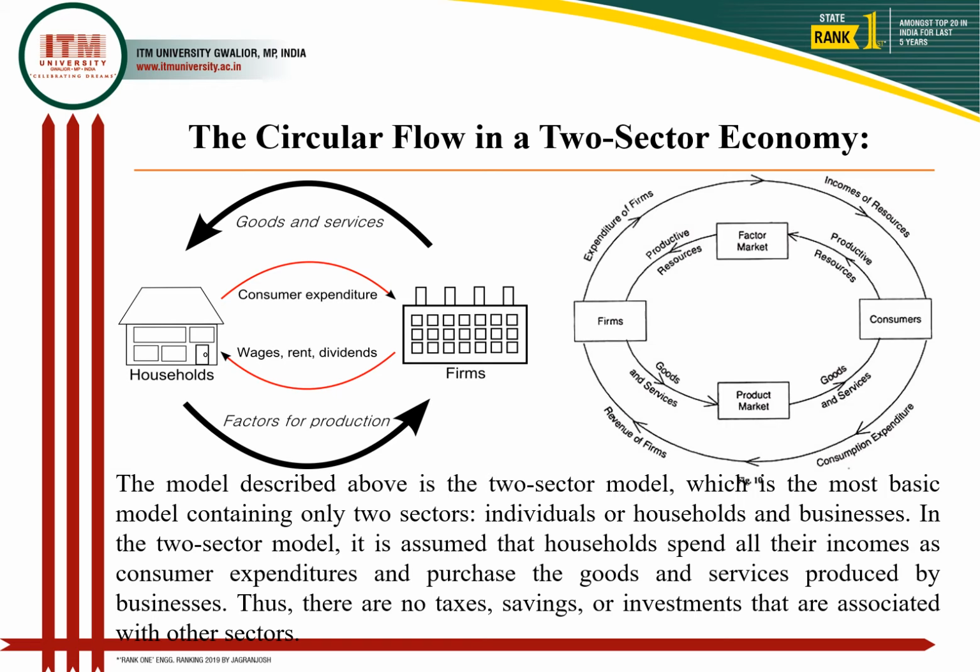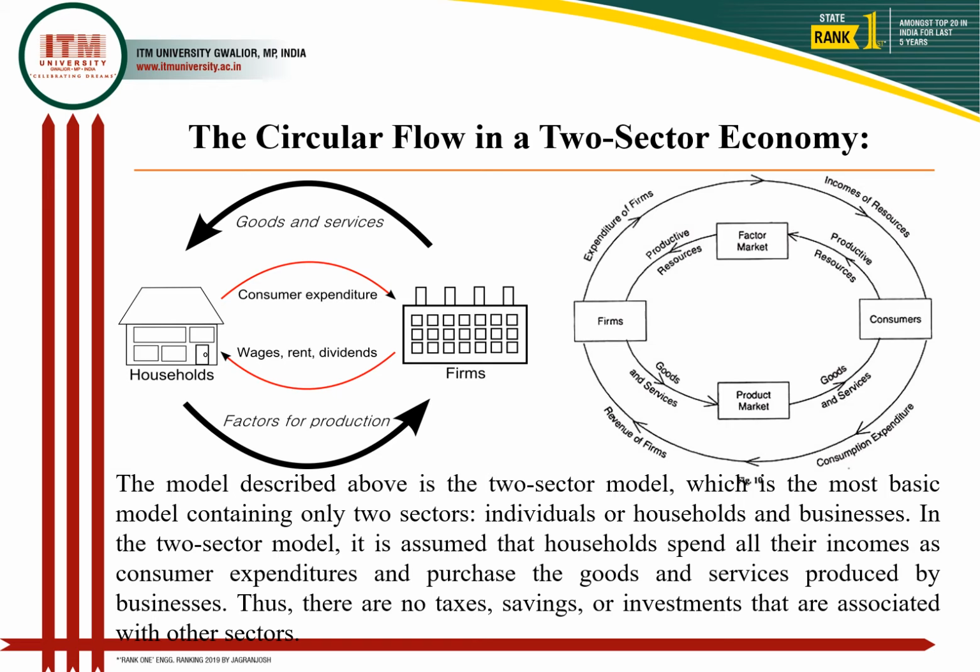The second flow in this part is called the money flow, which indicates, in terms of factors of production, the payment for the factors of production, and at the same time, for goods and services, the purchase of the goods and services. The red color indicates the flow of money, how the money is going to flow. So this is the complete money flow.